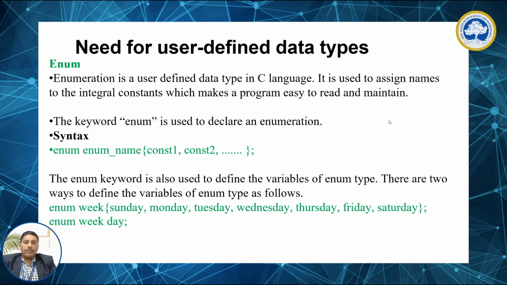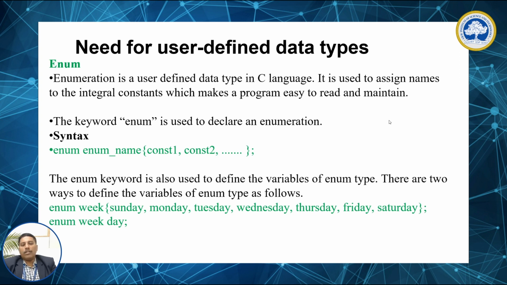There are two ways to define a variable of the enum data type. The first is enum week with Sunday, Monday, Tuesday, Wednesday, Thursday, Friday, and Saturday. Another way is to create the weekday variable directly. In both cases, by default the first constant is assigned 0, the second is 1, the third is 2, and so on.